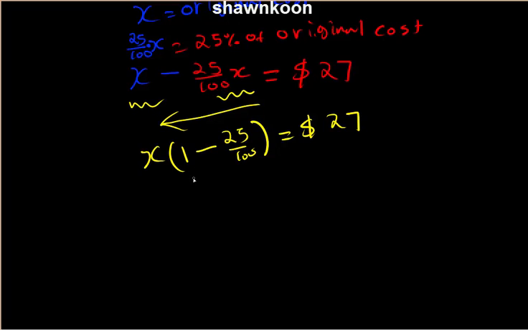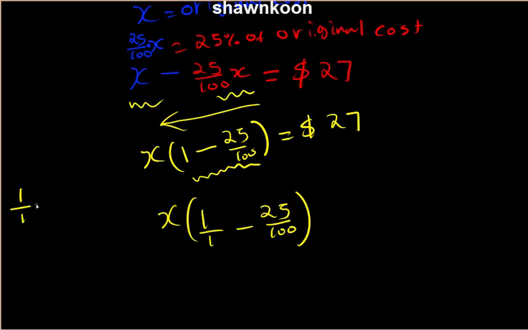So now we have to take care of this inside first. So what's 1 same thing as? 1 is the same thing as 1 over 1 minus 25 over 100. And you guys remember from the previous, when we are subtracting or adding, we have to have the same denominator. So let's change this 1 over 1 to have 100 on the bottom. What should we do to make this 100?